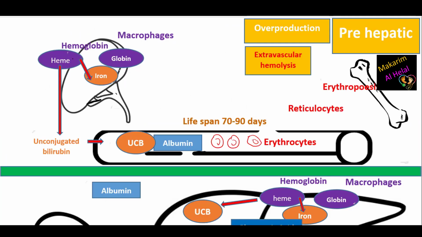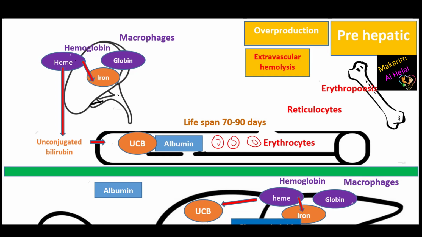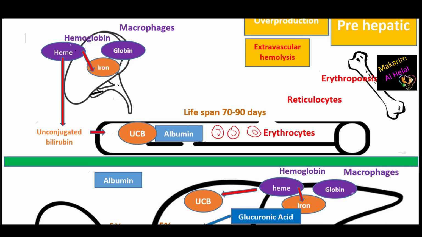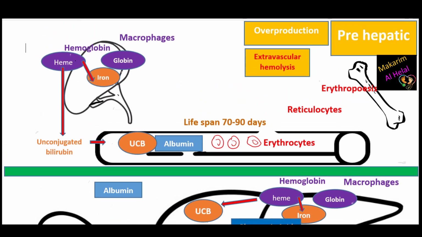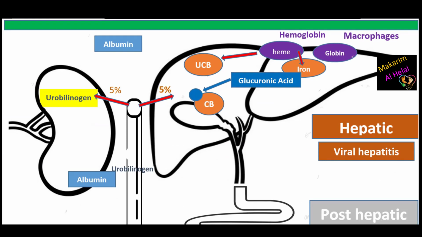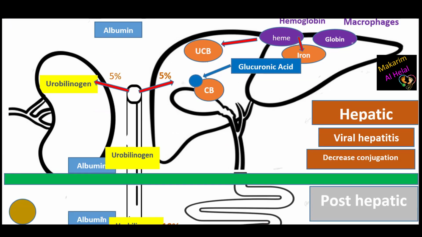At the end of this video, we are knowledgeable about some biochemical aspects of jaundice and the classification of jaundice, which depends on where the problem is. If before the liver, it is pre-hepatic, and the most common cause is extravascular hemolysis due to overproduction. If in the liver, it is hepatic jaundice, most commonly viral hepatitis due to decreased conjugation.